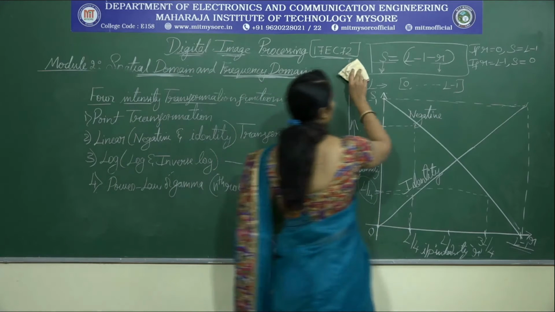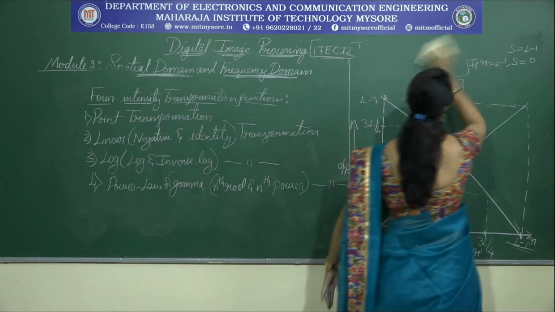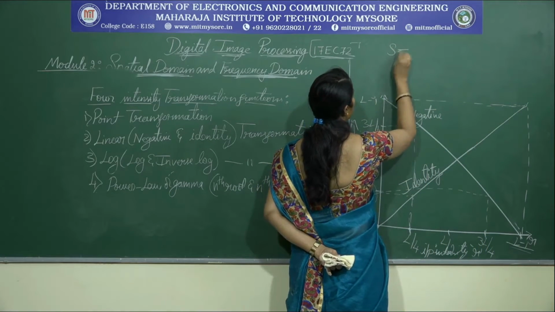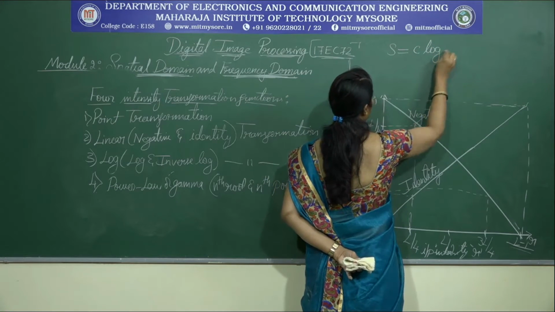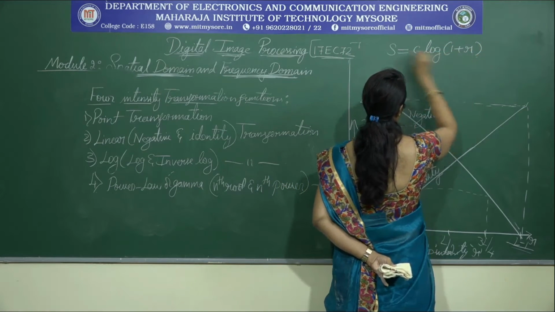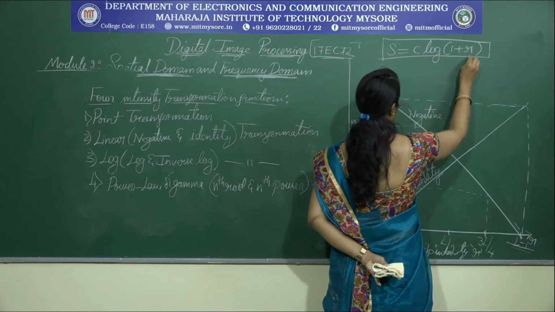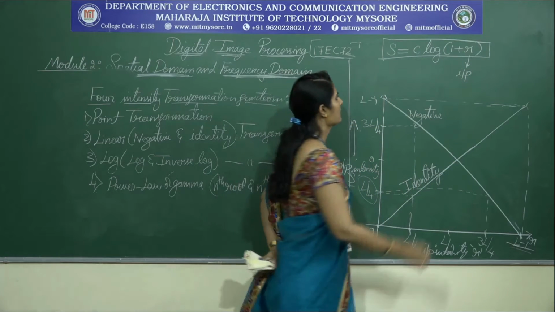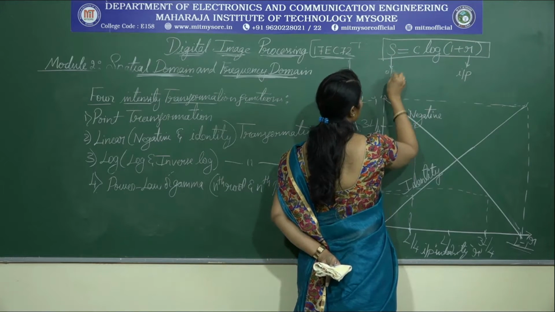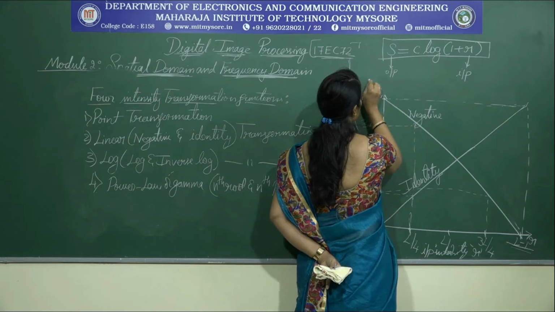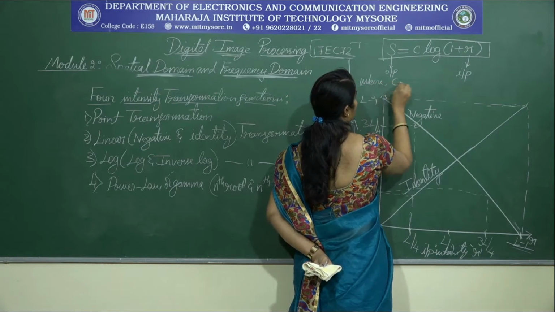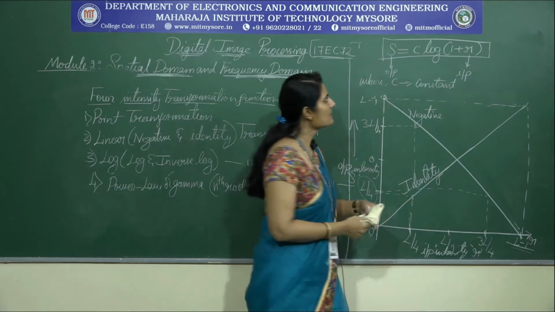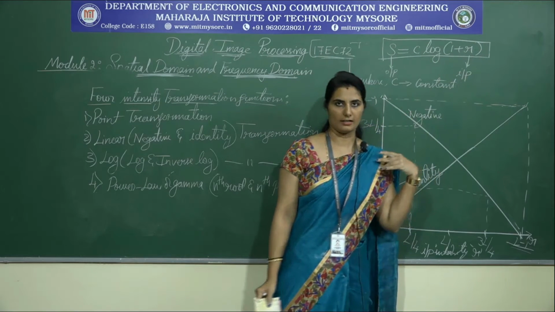The log transformation function is represented by the expression S is equal to C log of 1 plus R. Here R represents the input intensity level of the pixel, S represents the output intensity level of the pixel, and C is a constant.